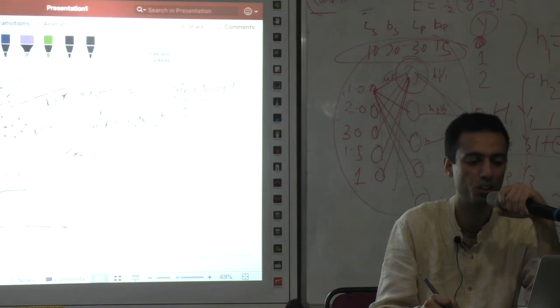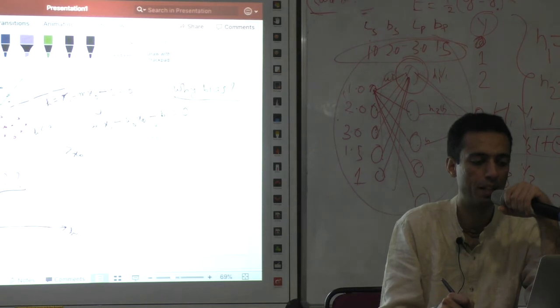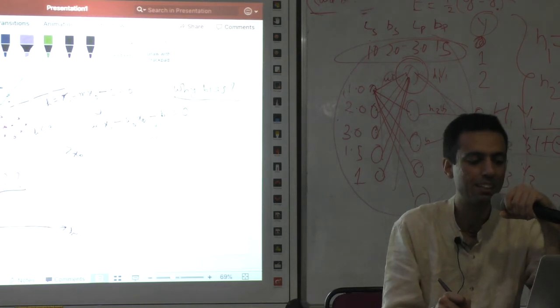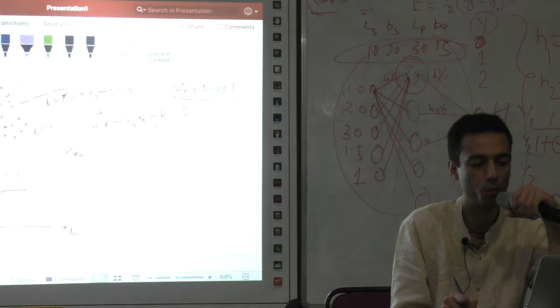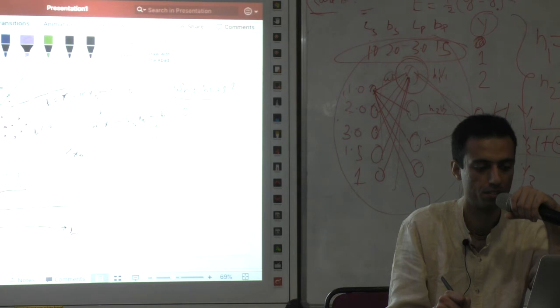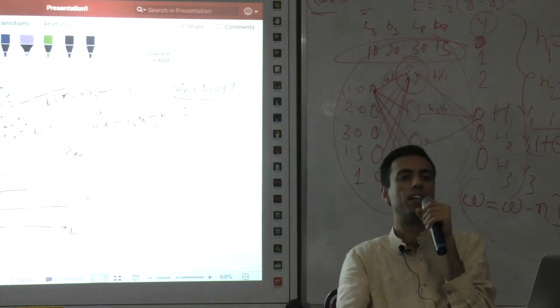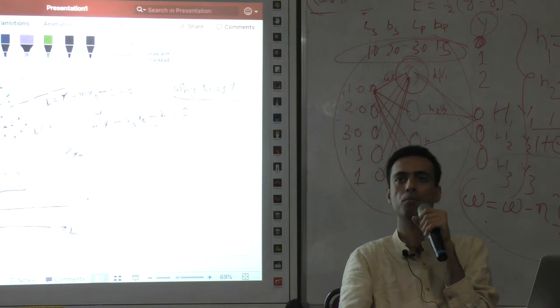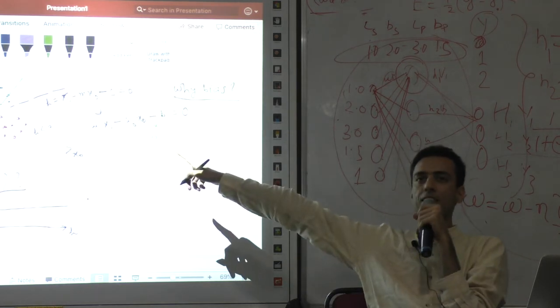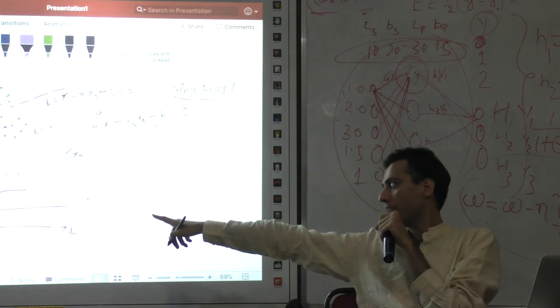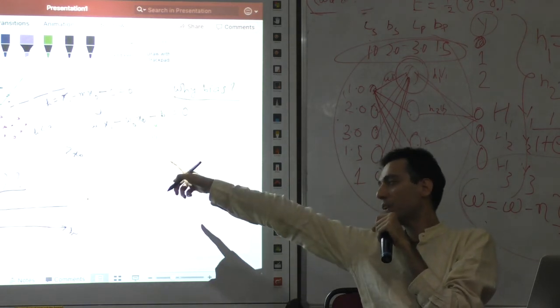Let me take h on the x-axis now, and this function is my y. When h is less than 0, I want my output to be 0. And when h is greater than 0, I want it to be 1. For the classification example, whenever h is less than 0, I say it is this class.